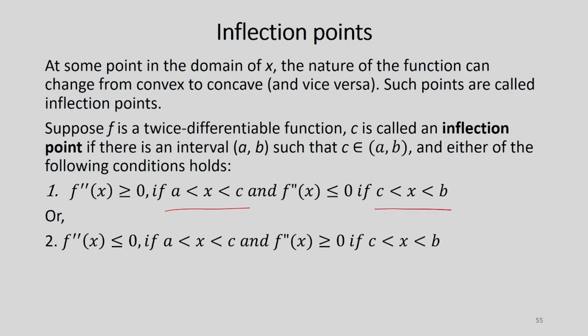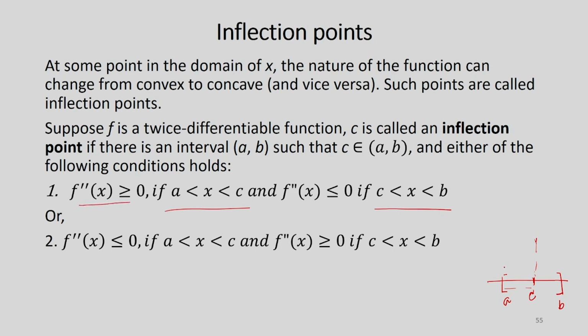Okay. So, how do I picturize this? So, you have a particular interval a to b, okay, and point c here, x is a general point. Now, c is an inflection point. What happens to the left of c? So, from a to c, the second derivative is positive.